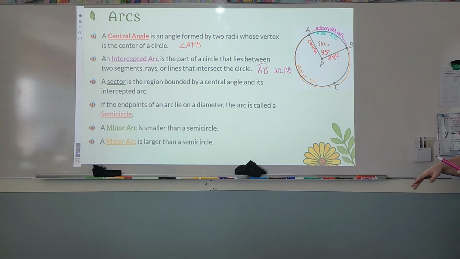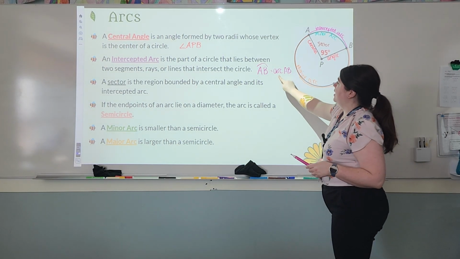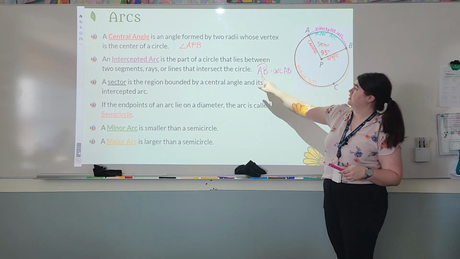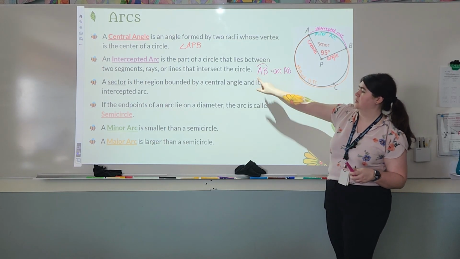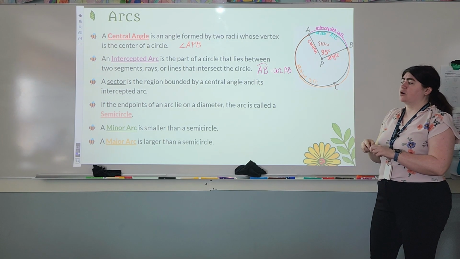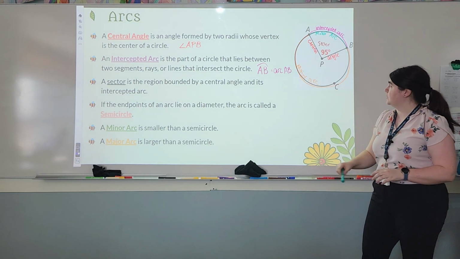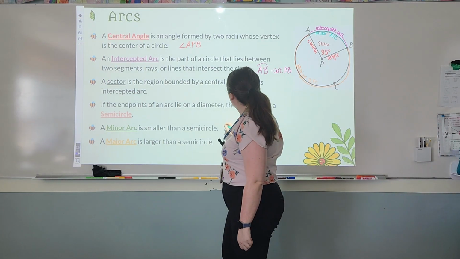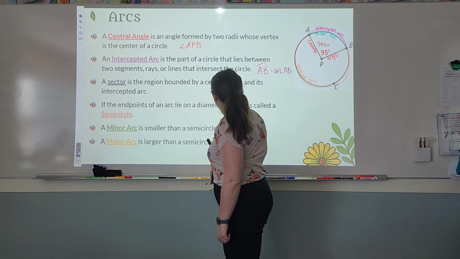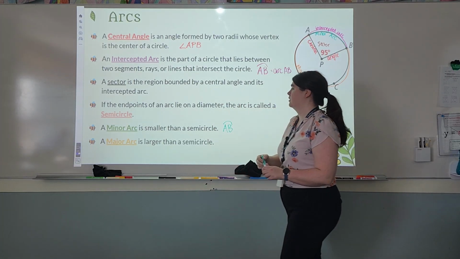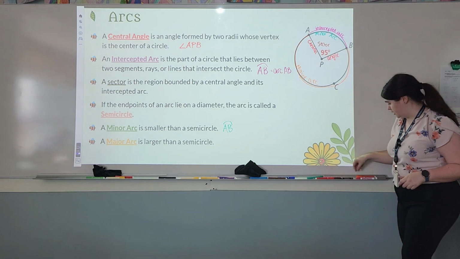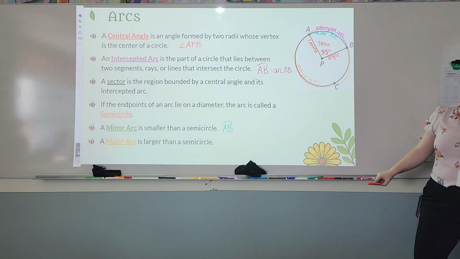Anytime I'm handwriting something, it's going to be written like this though. So our minor arc here, we have arc AB. That's our minor arc.